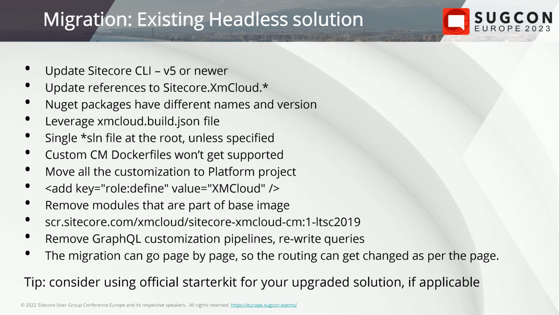You need to remove GraphQL customization pipelines if you had it before on your content deliveries, because we now don't have content delivery. And if you had, you need to rewrite your queries correspondingly. You can do migration page by page, so that routing can get changed also as per page by page. But I would recommend you consider using official starter kit for your upgraded solution if that is applicable.